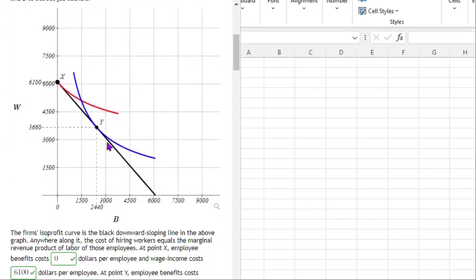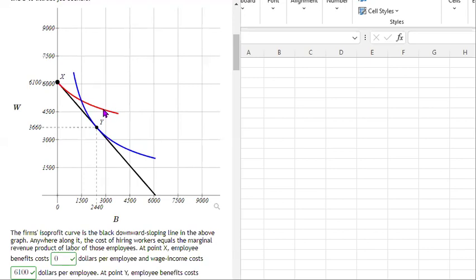Okay, so the red indifference curve is tangent to this black dot, X. The blue indifference curve is tangent to this isoprofit line at point Y. This is type Y's indifference curve that is tangent to the isoprofit line.